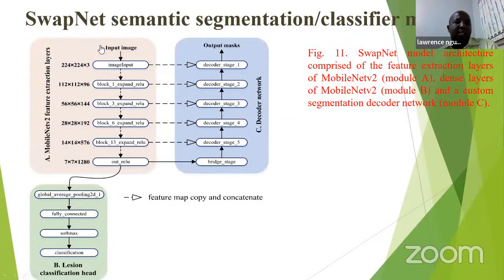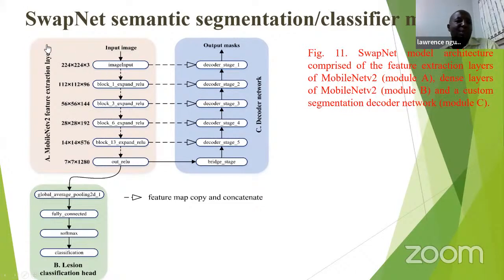Here is the description of Subnet. Modules A and B are Mobilenet, as proposed in the Mobilenet paper, Mobilenet version 2. We use this network for classification of the individual lesions.